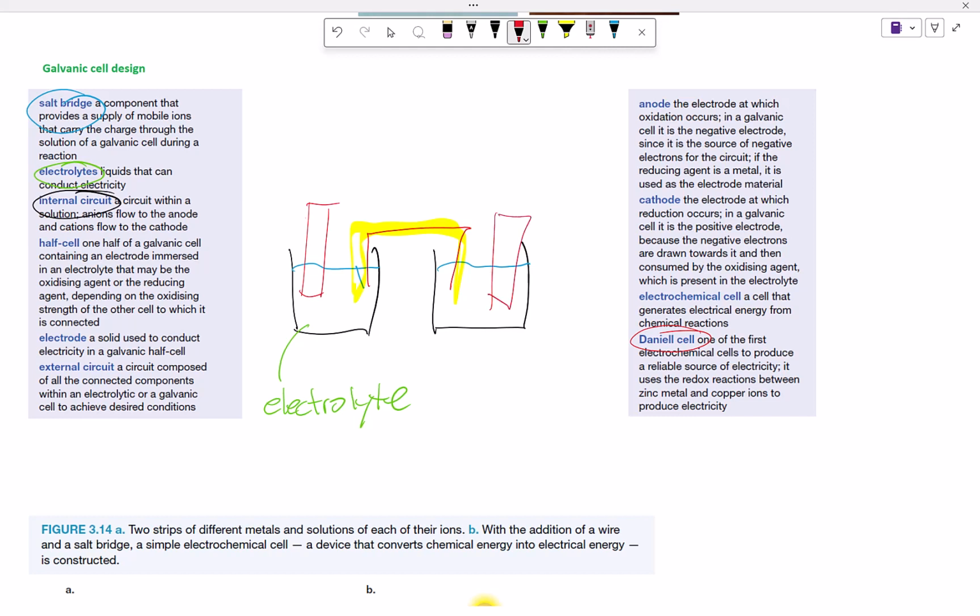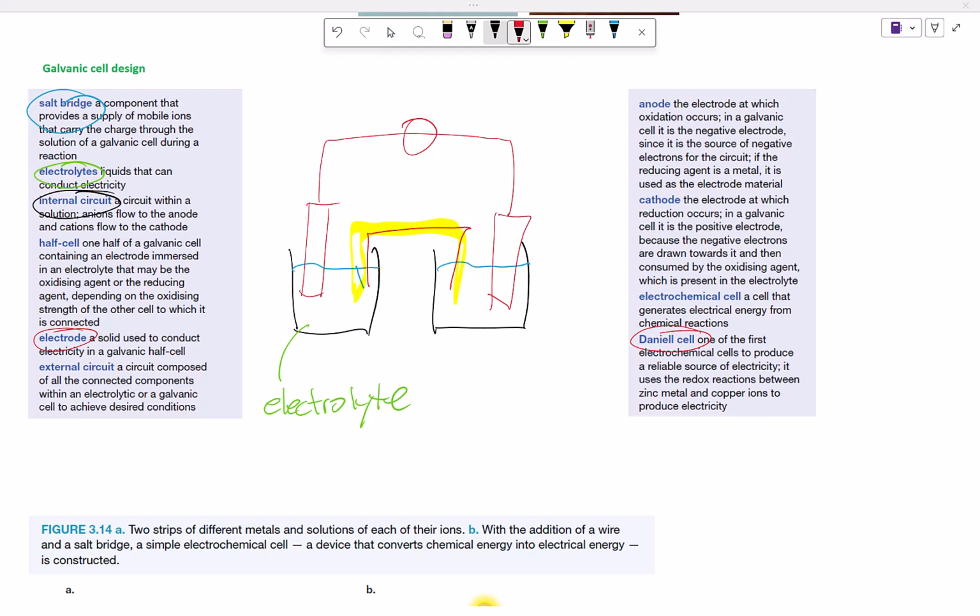An electrode is a solid that is used to conduct electricity in a galvanic half cell, and we're going to connect some wires to it. We usually have some sort of thing there, whether it's a voltmeter or an ammeter or something like that. So you need to be able to draw something like this and then label it according to what's there.